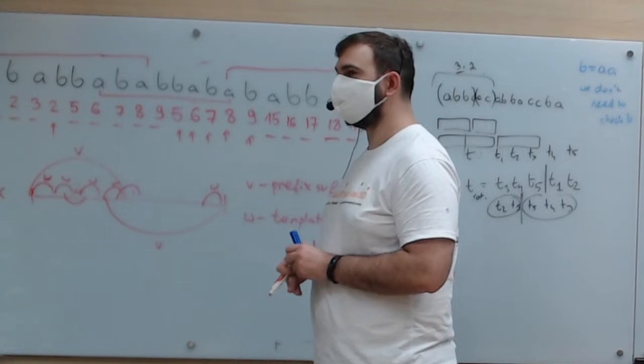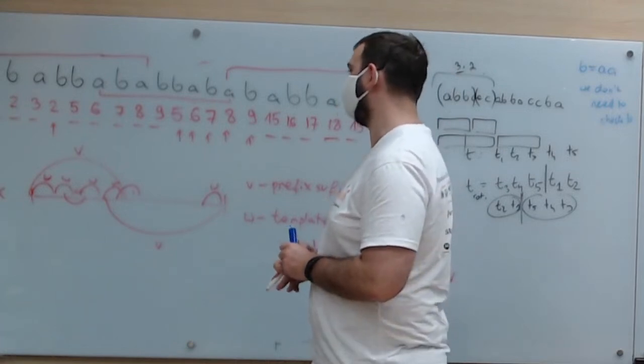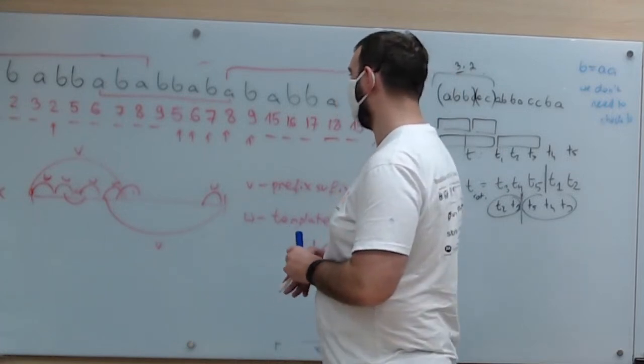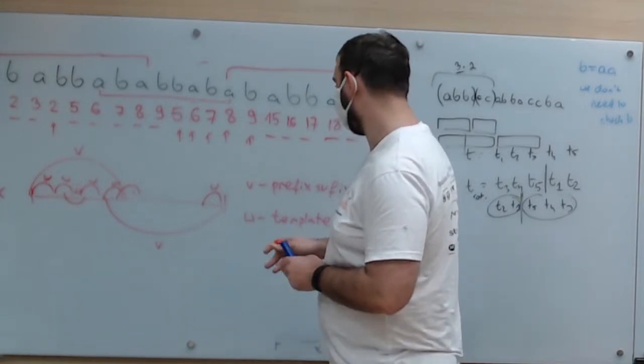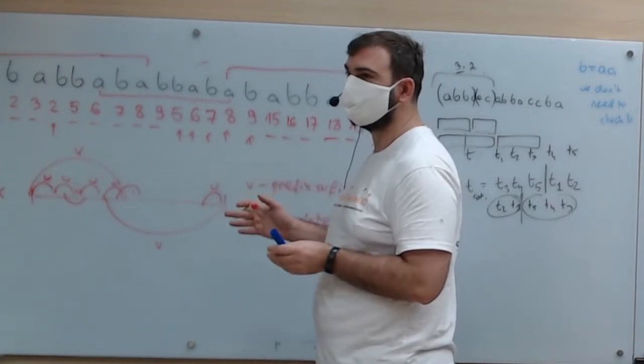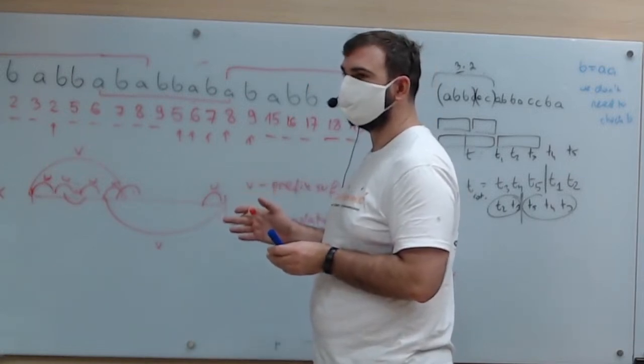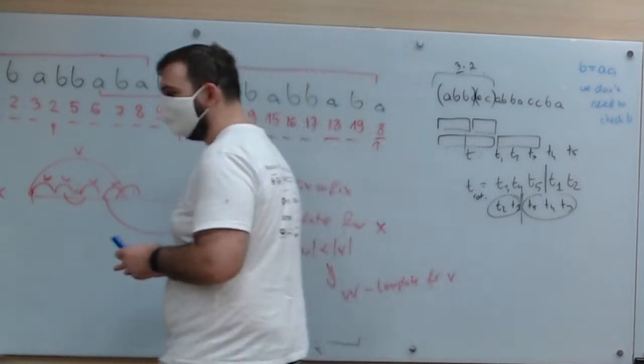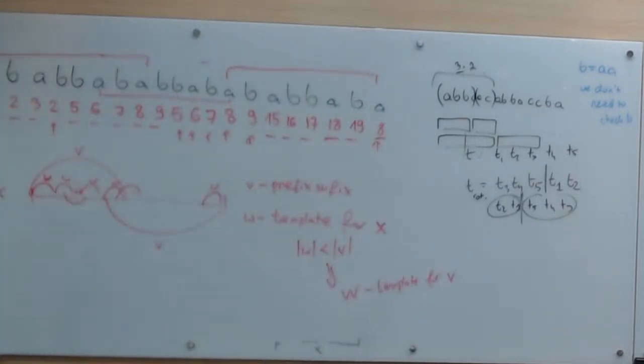So I think it's similar to what you said, but if something is a template for the larger word, it also has to be a template for the prefix suffix. Okay, so that is the first step towards the solution.